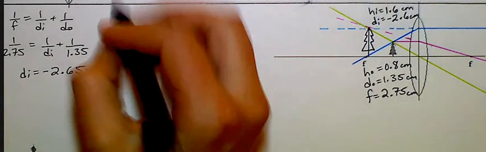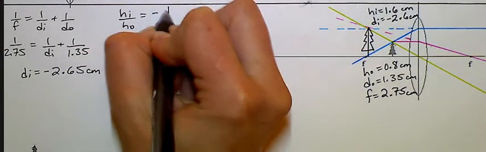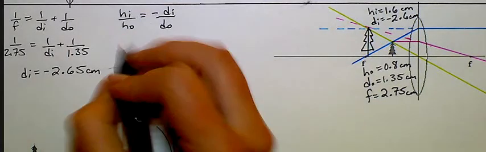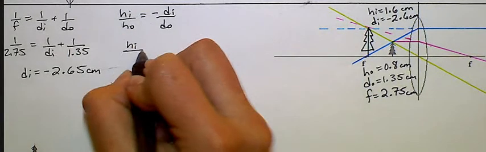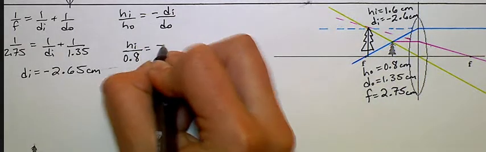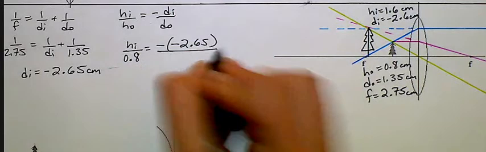I'm going to use my other equation, hi over ho equals negative di over do. That negative is part of the equation, so it just needs to stay there. I've got hi over ho, which is 0.8, negative 2.65, so those will cancel, divided by 1.35.